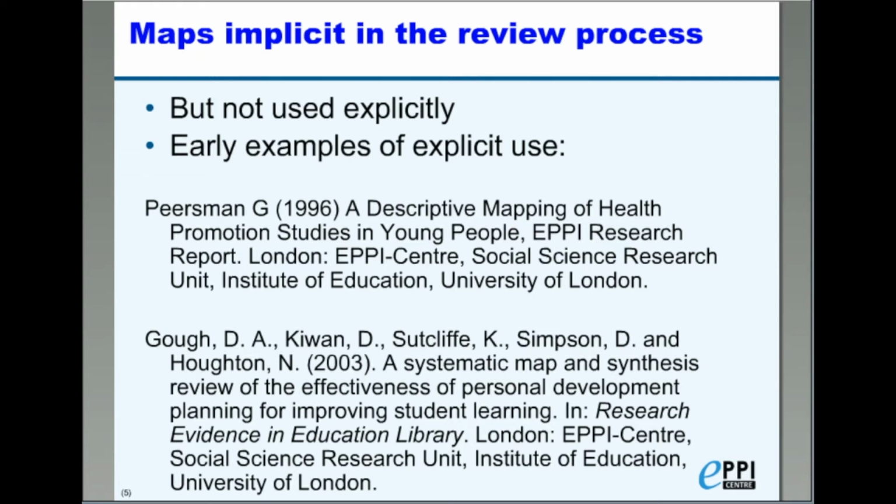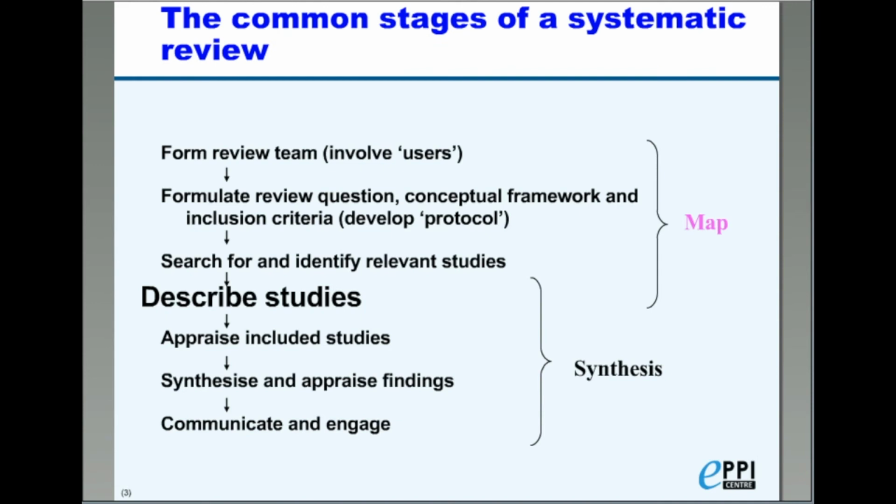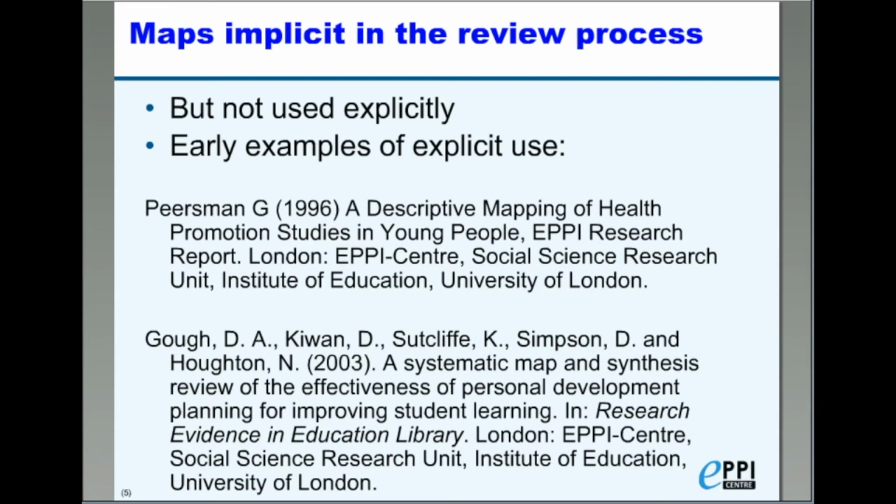I did one in 2001 and here's one in 2003. So this process of describing your studies, go back to the previous slide, shows that it is this description of the studies that's important, so that you know what the studies are in the review.